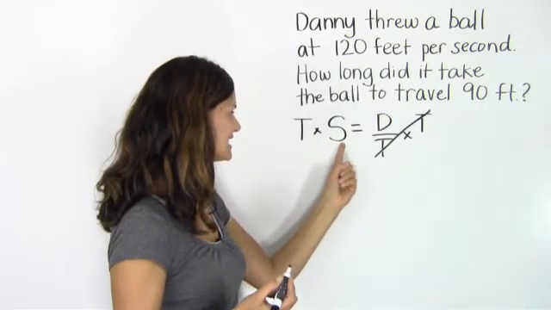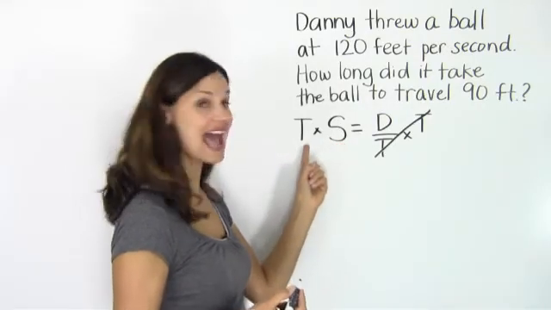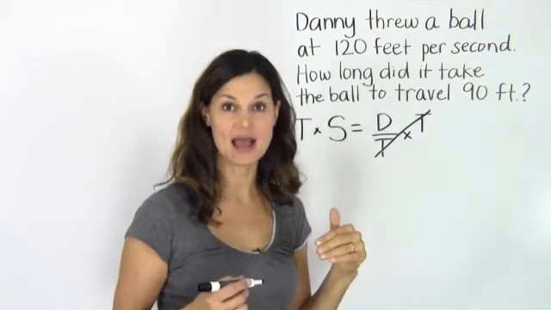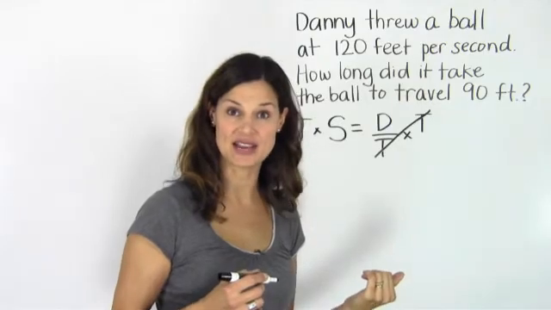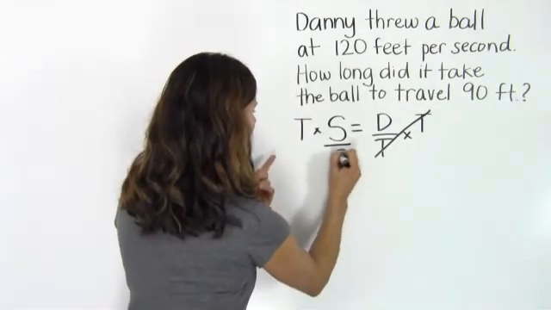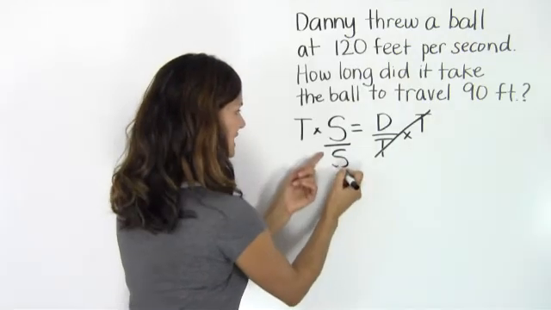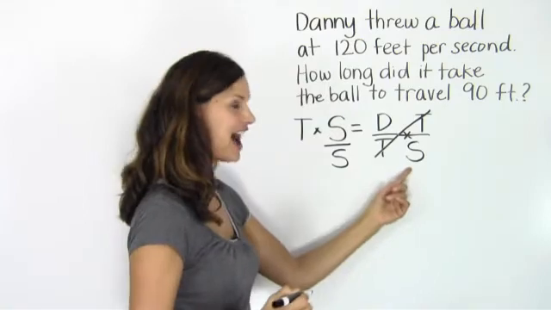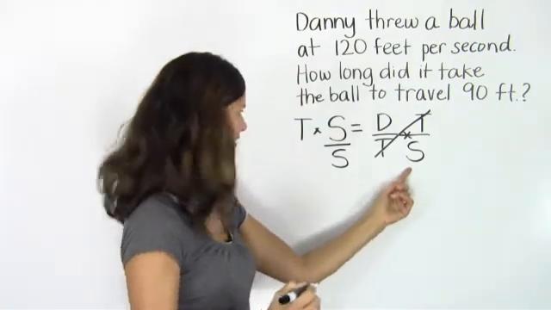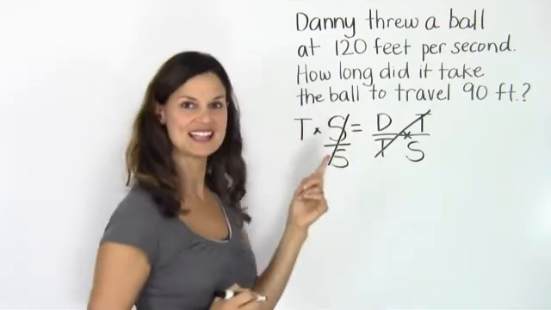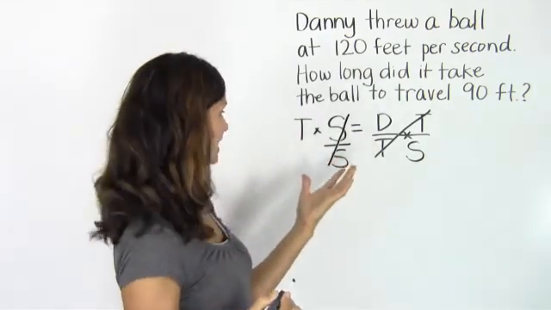Now, I want this T all alone by itself, but I still have one thing in the way, and that is this S. The S is attached to the T by multiplication. So to unattach it, I'm going to use the opposite operation, which is division. So I'm going to divide this by S, and whatever I do to one side of an equation, I have to do to the other. So I have to come over here and divide this side by S as well. Anything over itself just equals 1, so I can cancel that out, and I've reached my goal.